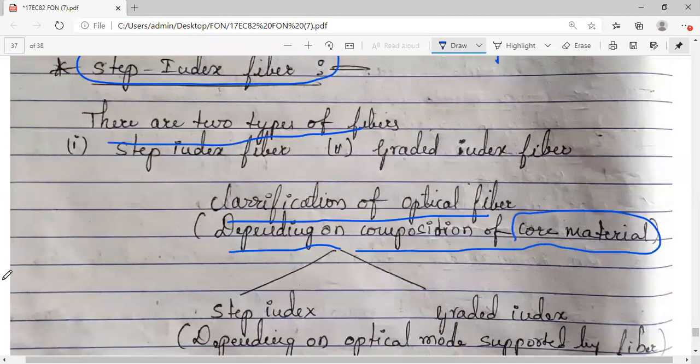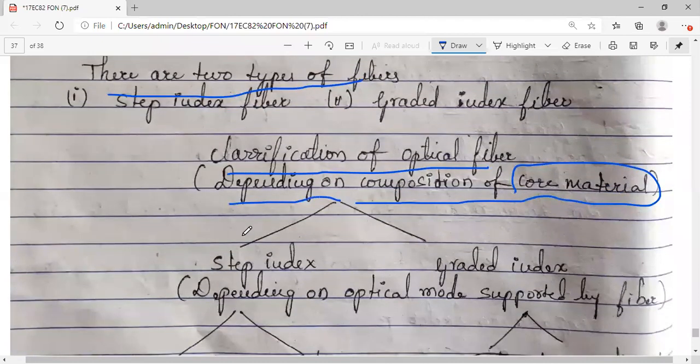You know how optical fiber is being made; some typical materials are used. Even that is there for your study in the last topic, the optical materials. So depending upon how the core material is made, the classification is done: step index and graded index.